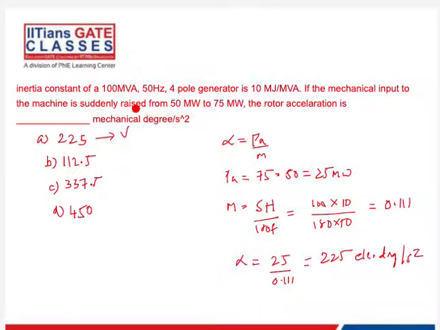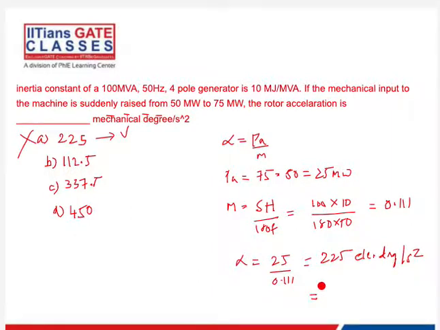But if you see in the question, I have asked you for mechanical degrees. So option 1 is not the correct answer. This is wrong. So you need to convert this into mechanical degrees. How do you convert this into mechanical degrees?